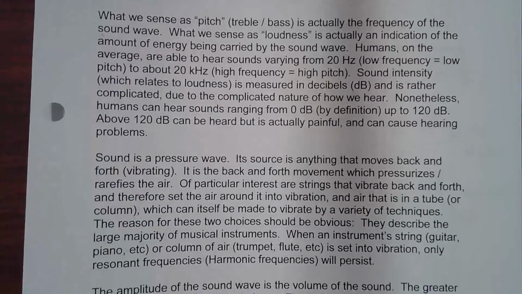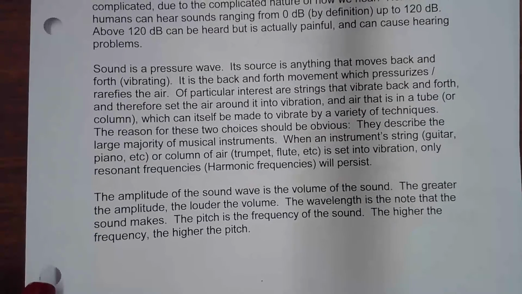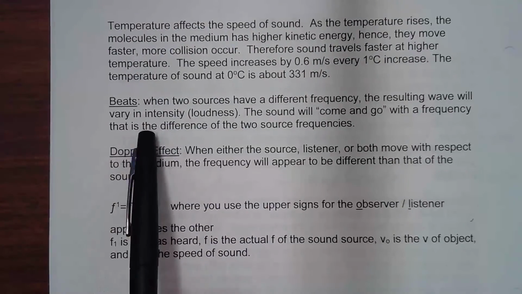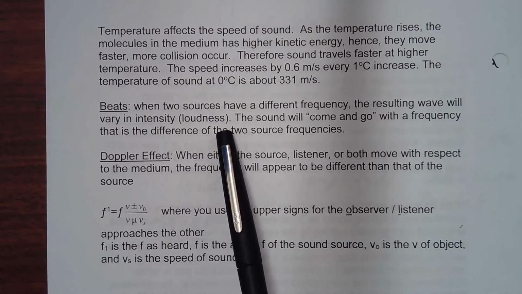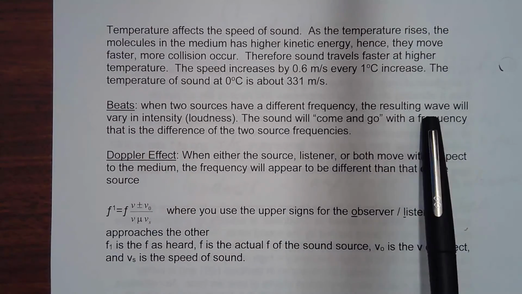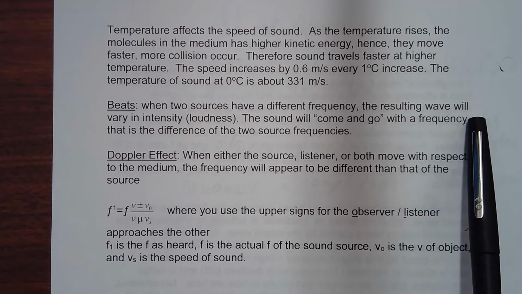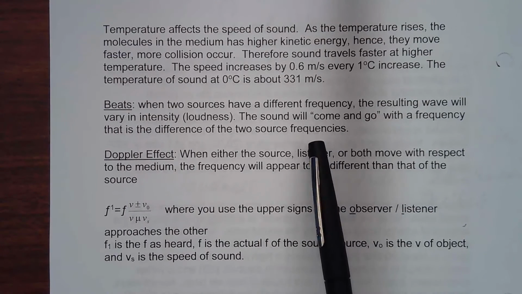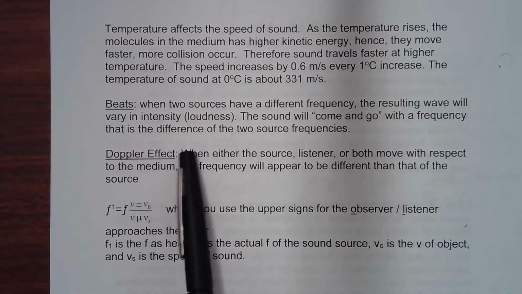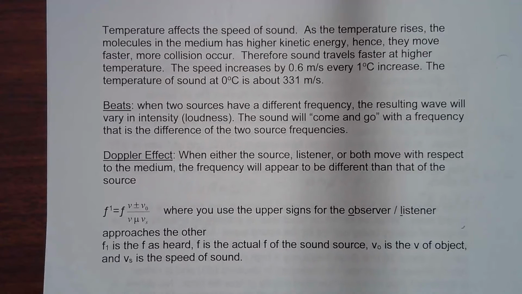This is the same one that you have, except this one is a bigger font. On the back of that, it says beats, right? So when you have two sound sources with different frequency, the resulting wave will vary in intensity or loudness, like the amplitude. The sound will come and go with the frequency that is the difference of the two source frequencies.